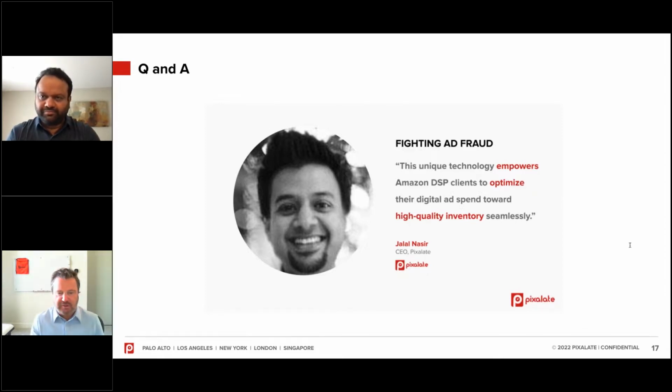One of the questions I see is, does Amazon actually have ad fraud on their systems? When we look at this in depth, the reason we're here is because you're going out into the third-party supply, which is off of Amazon's owned property, so Amazon.com, IMDb, etc., and their publishing services.